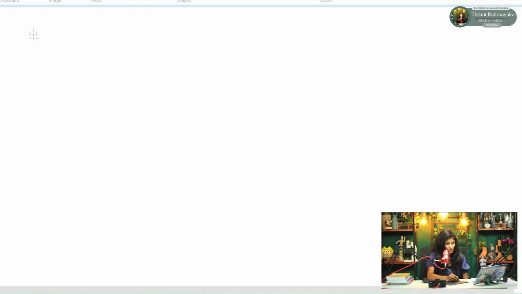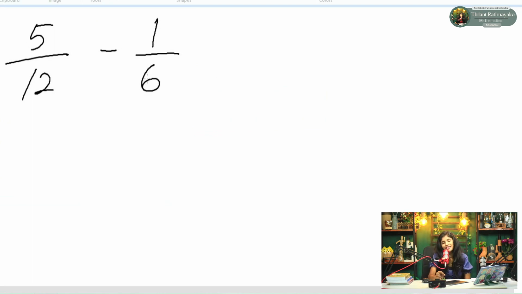That is 5 over 12 minus 1 over 6. Okay. Now this question is a little bit different because we don't have the common denominator here. We have 12 as one denominator and 6 as the other denominator. So we can multiply this 6 by 2 to take 12 now.